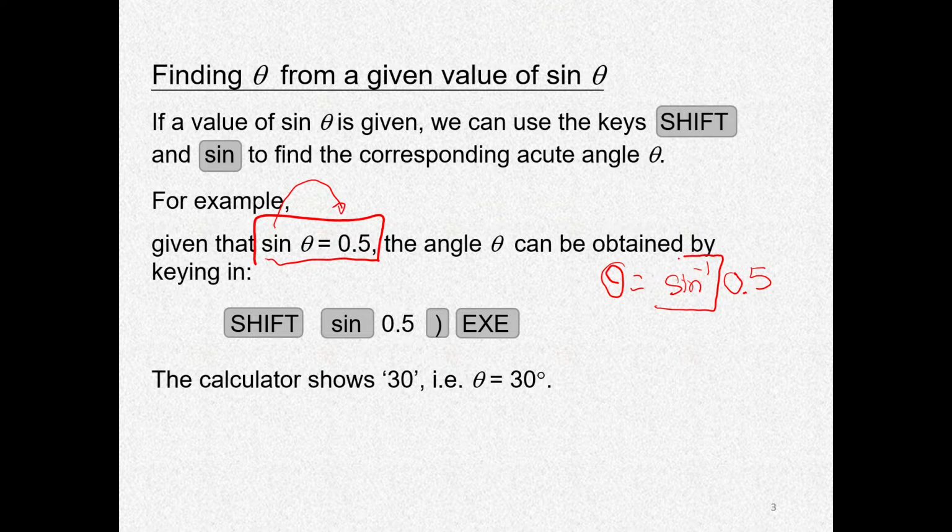How can we key in this symbol in our calculator? We have to use the shift button and the sine button. And then we can find out our angle theta will be 30 degrees. Can you get it?